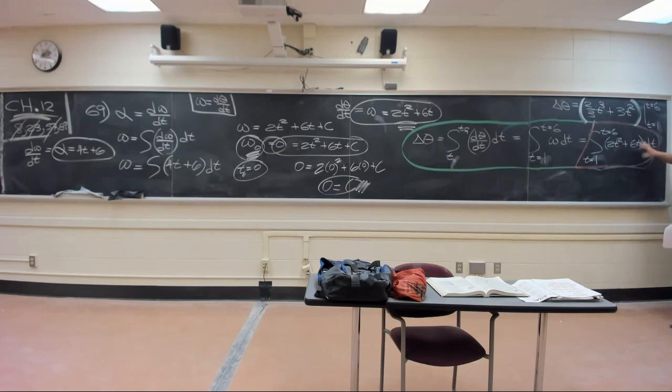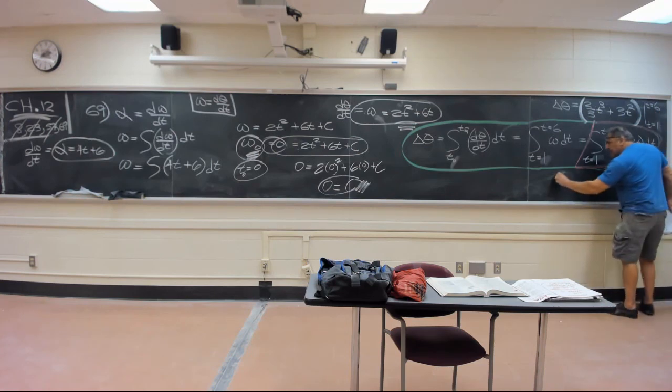Do the integral. 2t squared integrated is 2/3 t cubed. You integrate this with respect to t, you get 2/3 t cubed. Integrate this with respect to t, and you get 3t squared. All right, let's put the 6 in here and figure out what we're doing, guys.